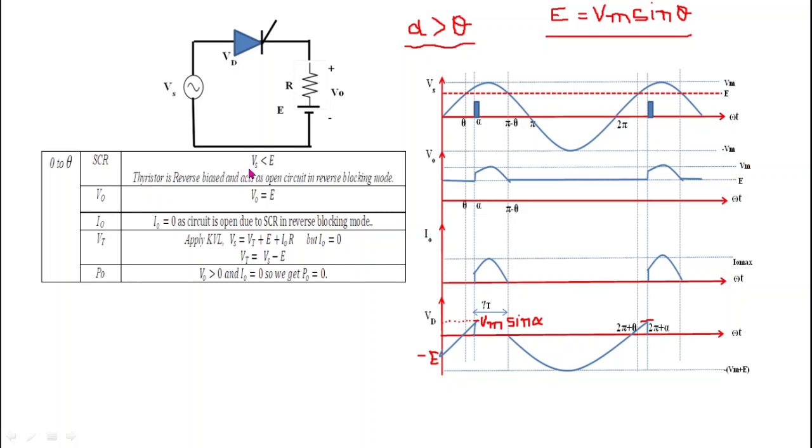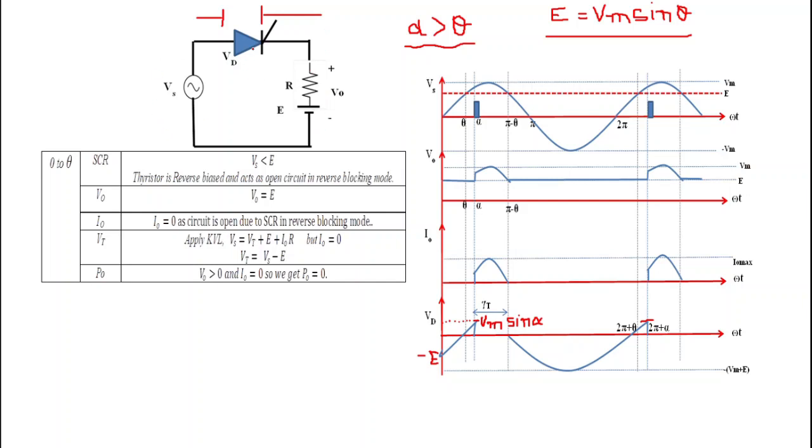So Vs is less than E, so the thyristor is in reverse blocking mode, and when the thyristor is in reverse blocking mode, it acts as an open circuit. So from 0 to theta, the thyristor acts as an open circuit.